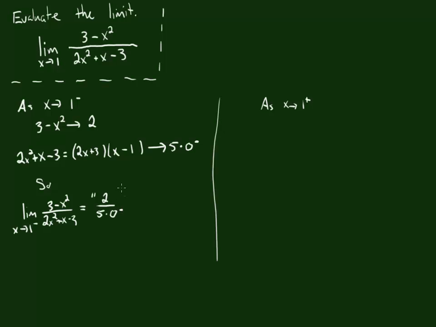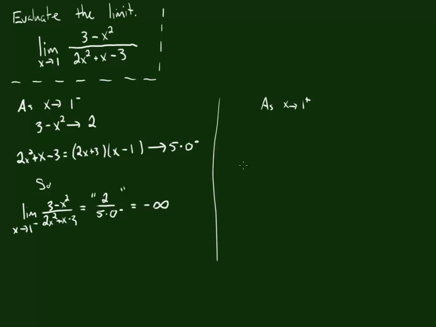It's not 5 times 0 so much as 5 times a number that's very close to 0 but a little bit less than it. When we do that, we have a positive number on the top and a negative product on the bottom. Positive over negative gives us a negative number, so this goes to negative infinity as we approach 1 from the left-hand side.